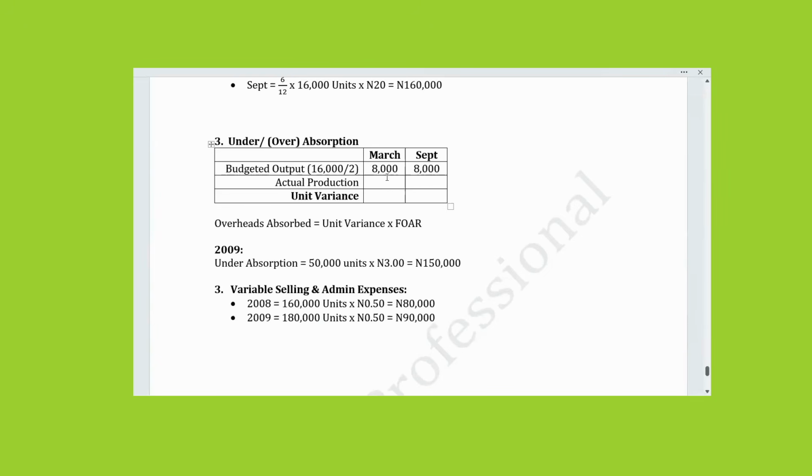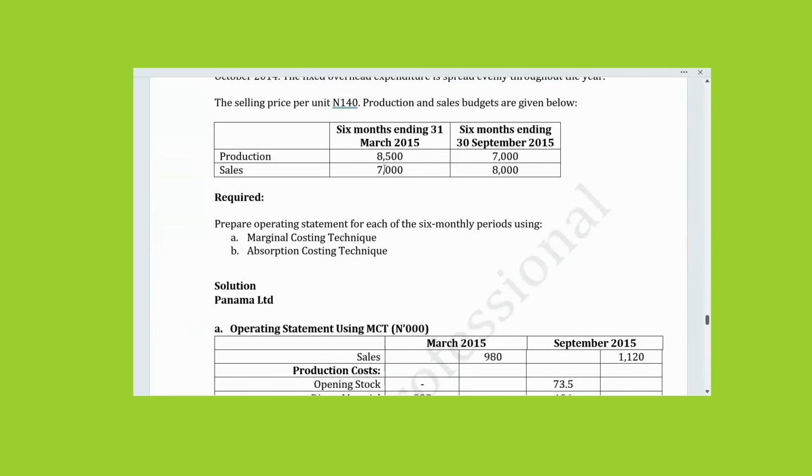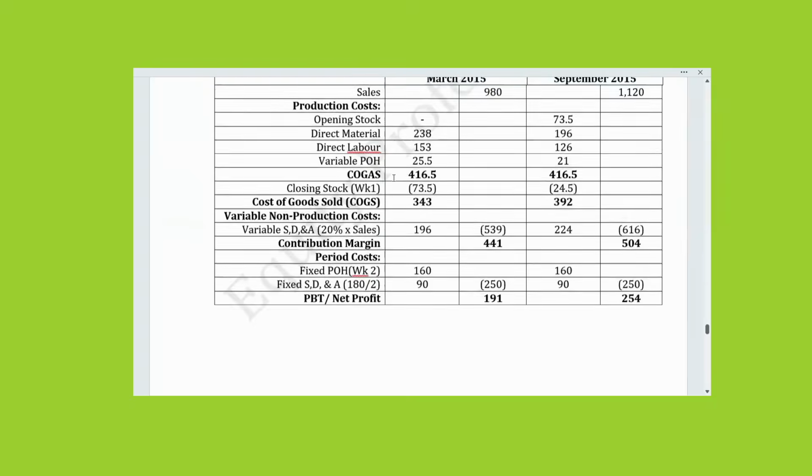Then actual production in March. How many units were produced in March? In March, the company produced 8,500, then September 7,000.